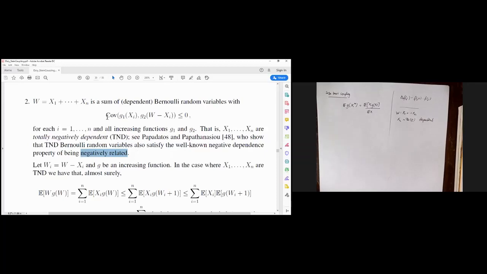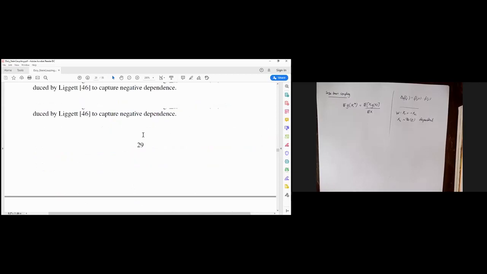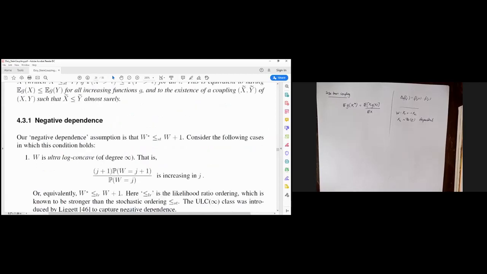So what I want to do is convince you that, okay, what I've told you about is that I'm going to think about this stochastic monotonicity, the fact that my size bias version is smaller in the stochastic sense than my shifted version. I'm using that idea to capture negative dependence.